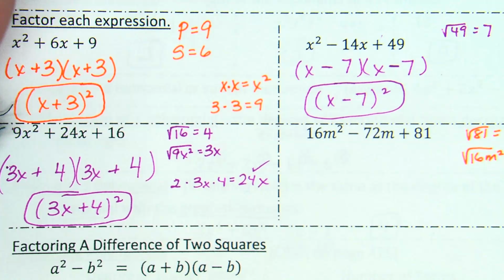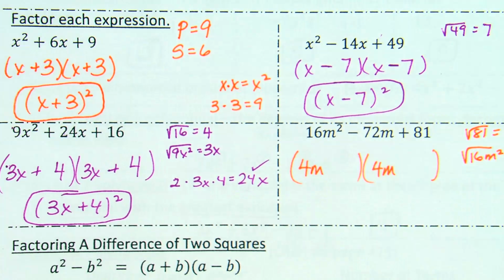So right there, those are the pieces you need. 16m squared breaks into 4m and 4m, because it was the square root that you can't see up there. Square root of 81? 9, so that's going to break into 9 times 9.